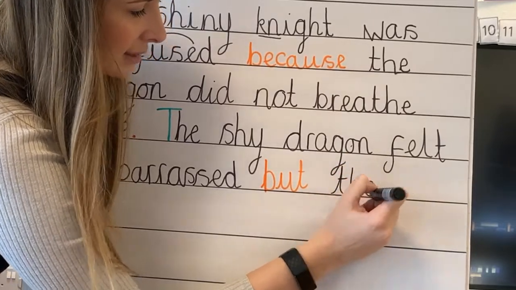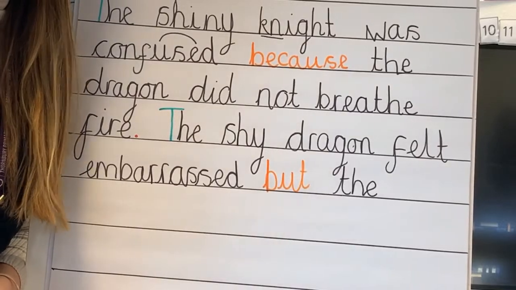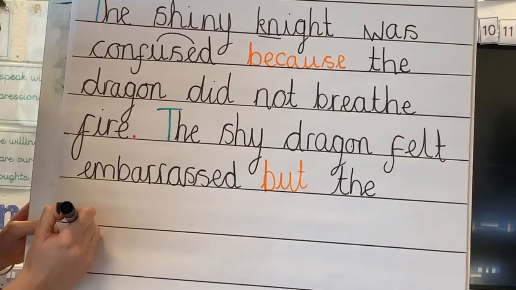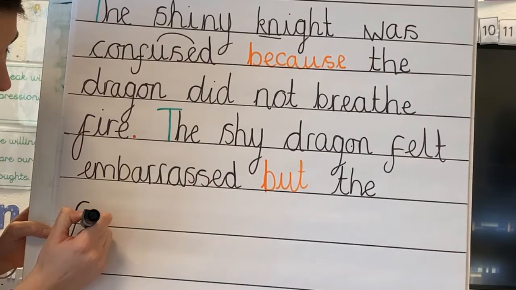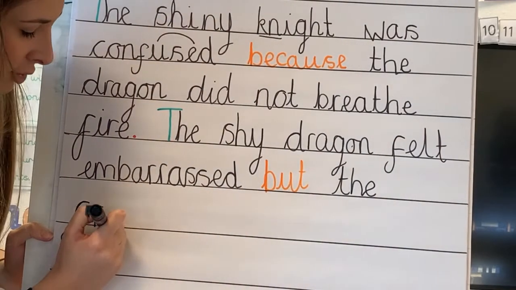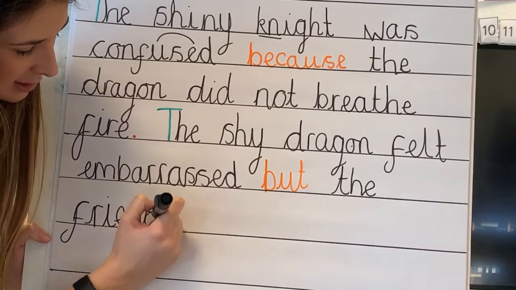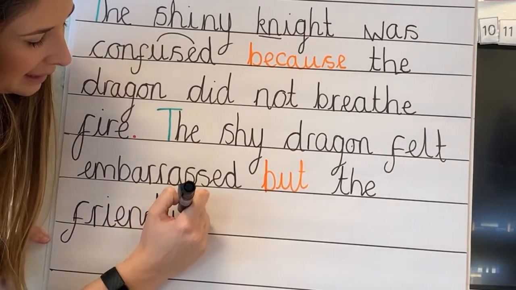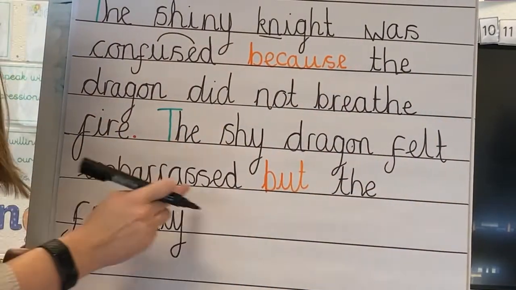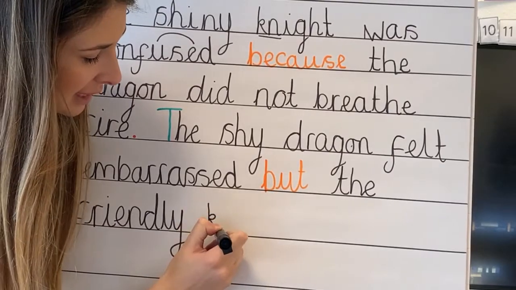Knight. Now, can we think of an adjective to describe the knight? We could say he is a friendly knight. Now this has been one of our speed words before. It's got a tricky ie in the middle. And E on the end is a Y. The shy dragon felt embarrassed, but the friendly knight, remember it's got that tricky K at the beginning.